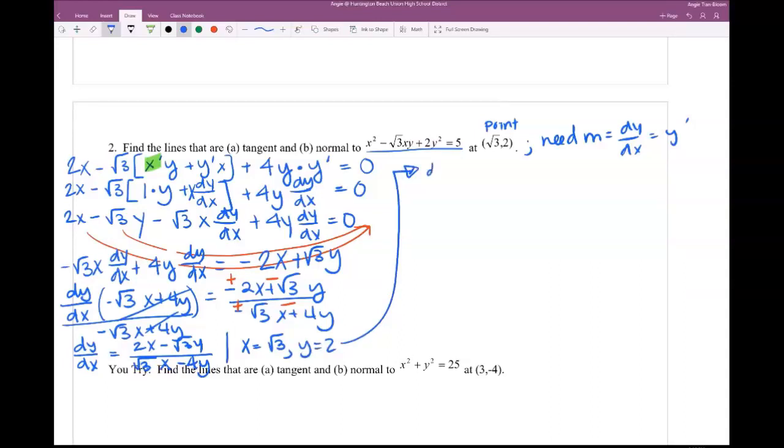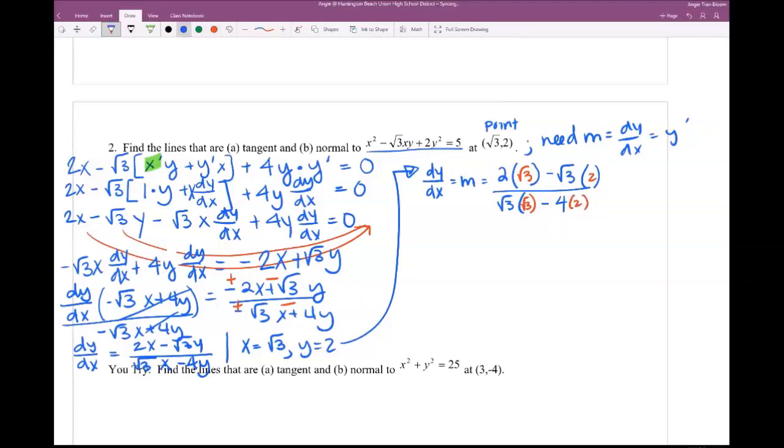So dy over dx, which is the same as slope now, is 2 times x, which is radical 3, minus radical 3 times y, which is 2, all over, on the bottom, radical 3 times x, which is radical 3, minus 4 times y, which is 2.